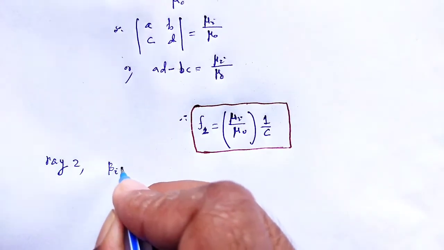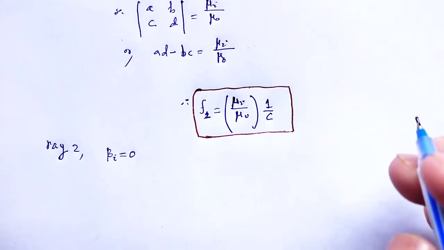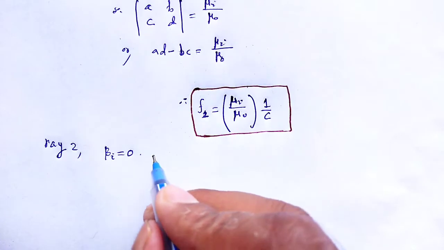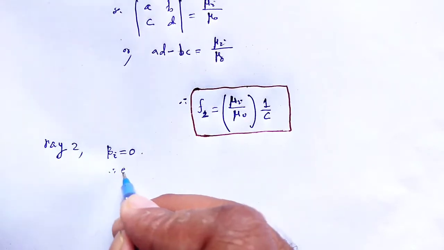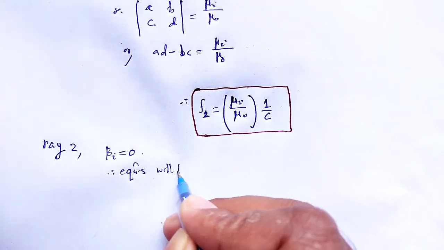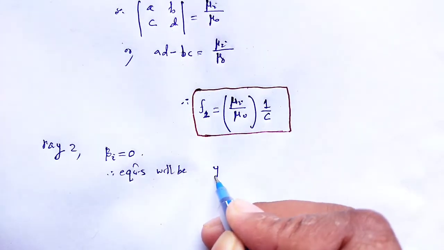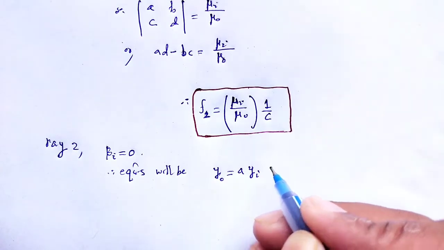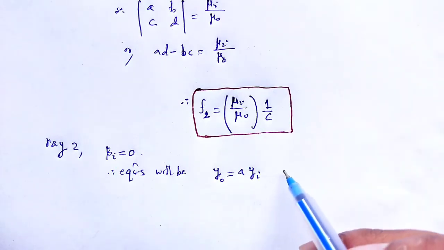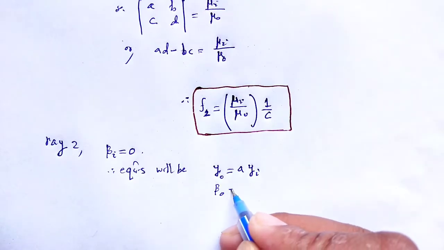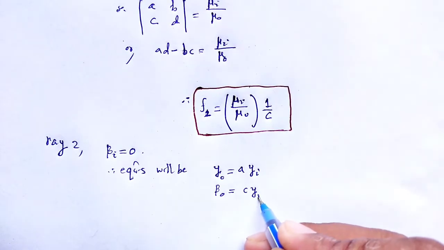So the equations will be y naught is equal to A yi, as beta is equal to 0 that term vanishes. Next, beta naught is equal to C yi.